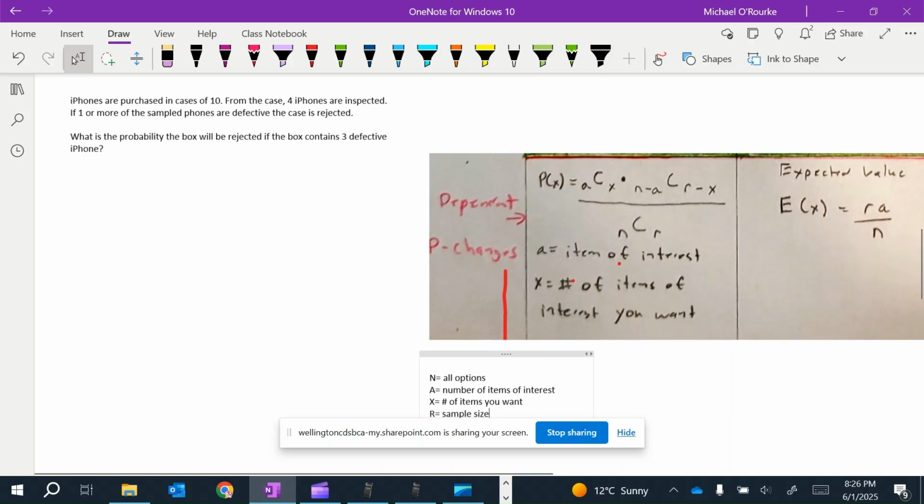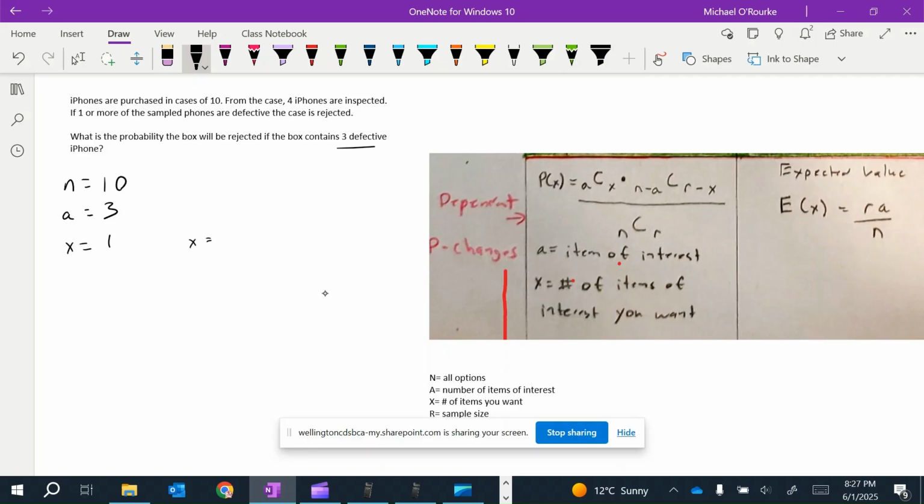All right. So if we look here, our N, all options, is going to be 10. Number of items of interest: we're looking for defective ones. There are 3 defective iPhones in there. How many do I want? Well, realistically, I want 1.